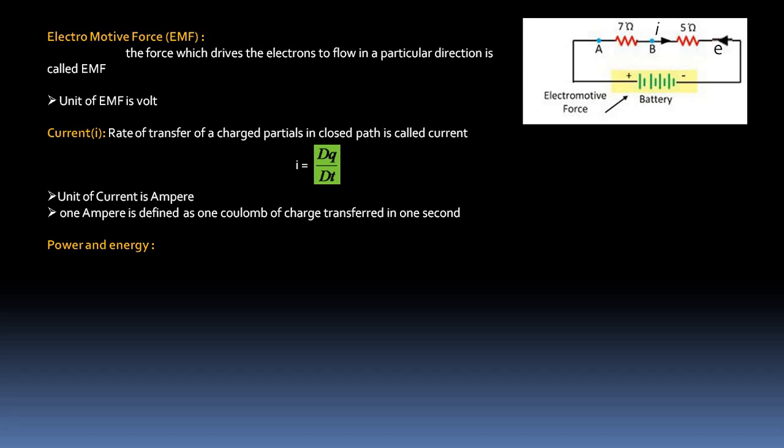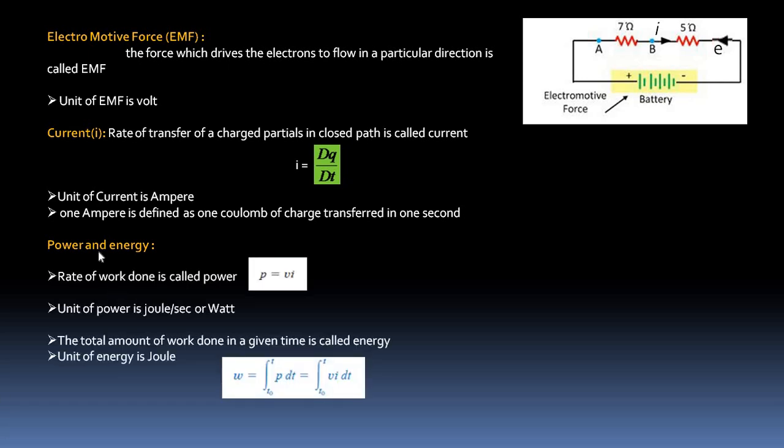If we are buying a motor, we ask for its power rating, because most devices are categorized in terms of power. And for energy, the electricity department charges tariff on the basis of the energy consumed. So power and energy play an important role.